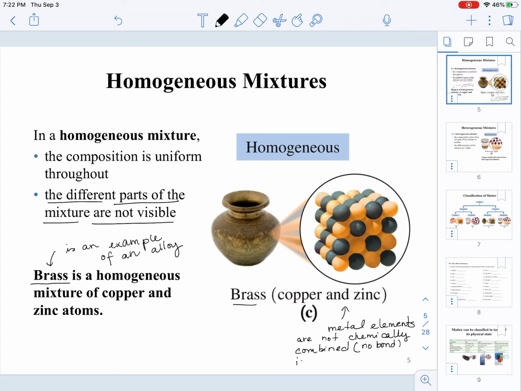No bond is found between them. Now, other examples of alloys include steel and bronze, just to name a few.